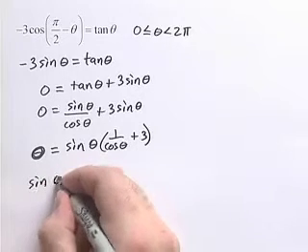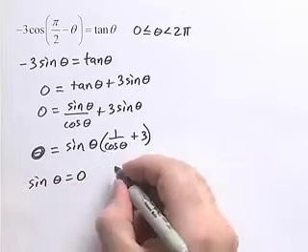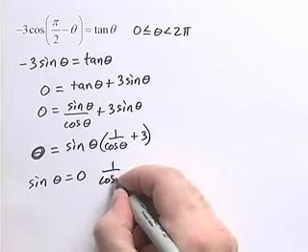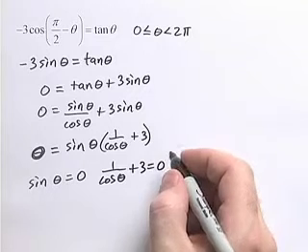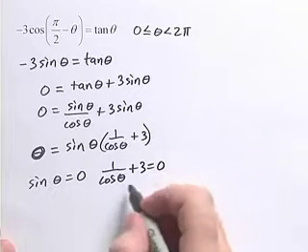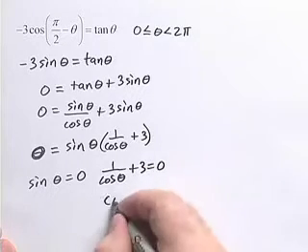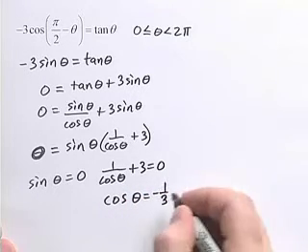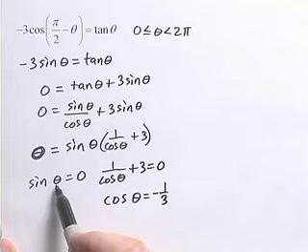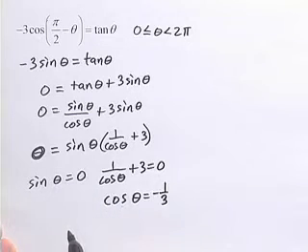So we'll get sine of theta is equal to 0, and we'll get 1 over cosine theta plus 3 is equal to 0. And this second equation here will yield us cosine of theta is equal to negative 1/3. So we need to find values for theta that solve these two equations.